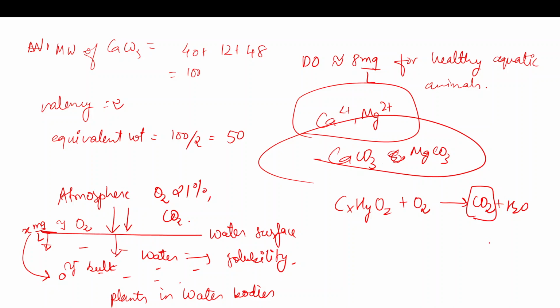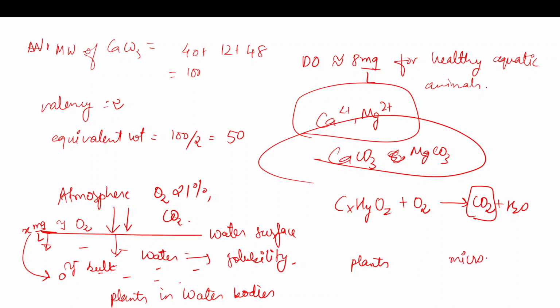Now, again, this carbon dioxide is consumed by the algae and plants for their growth. So there is a cyclic process. Ma'am, this process is called biological oxidation, ma'am. Yes, naturally, whatever is occurring, it is a biological process because of the naturally occurring microorganisms.